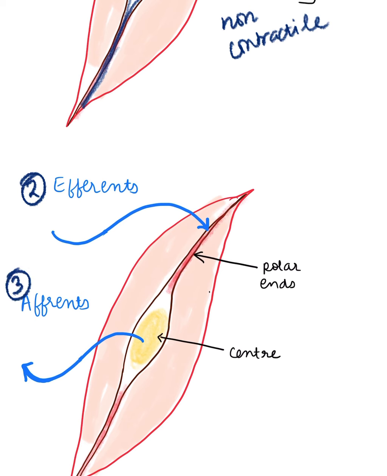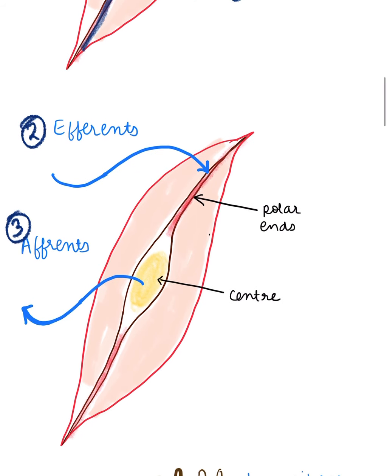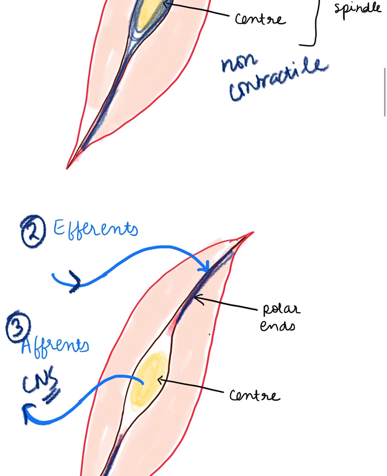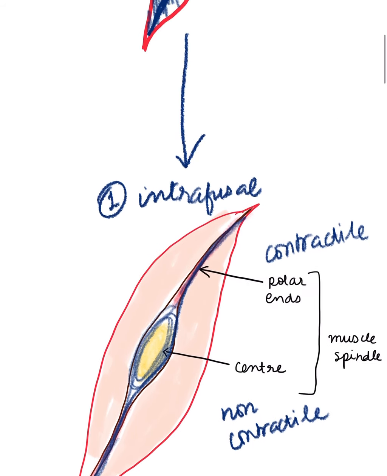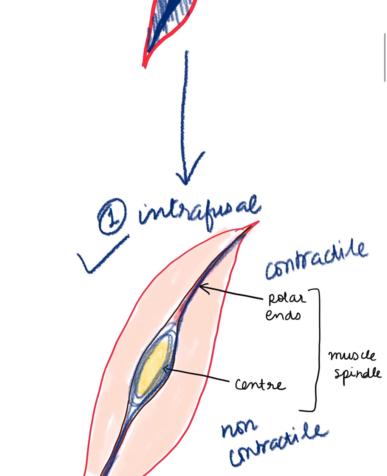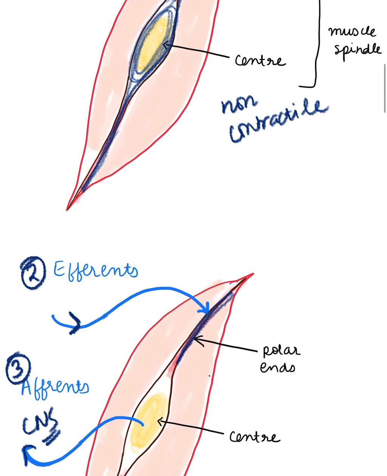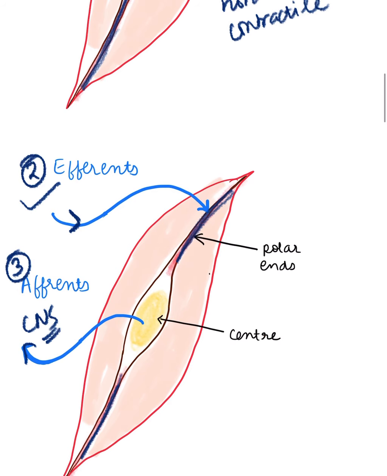The efferents to the muscle spindle are the motor fibers to the contractile polar ends, and the afferents take information from the muscle spindle to the CNS. So we have three parts of a muscle spindle: the intrafusal fibers, the efferents, and the afferents.